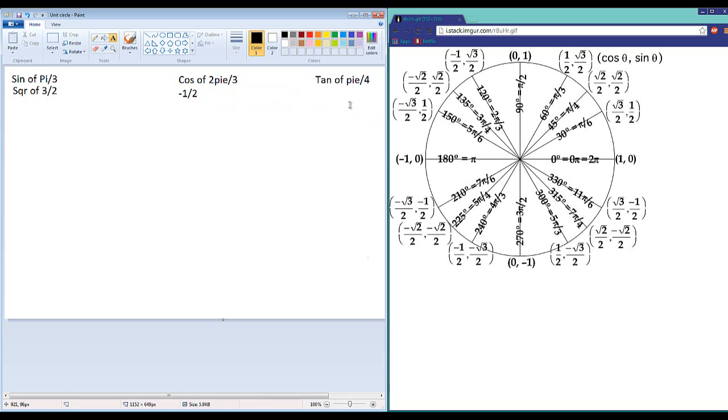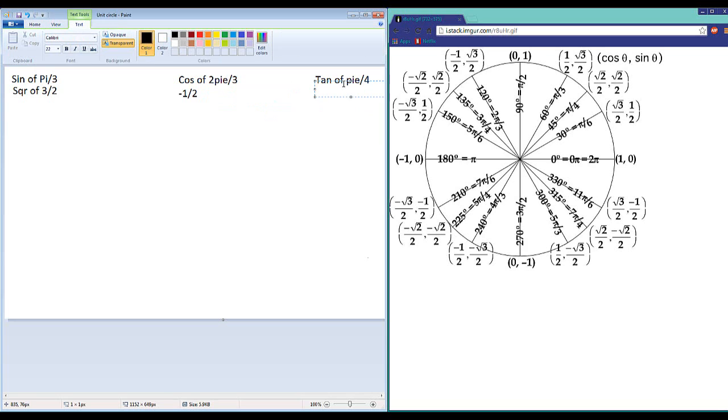Now tangent, if you will. This is where it gets difficult. First, you're going to want to find pi divided by 4, which is this one: square root 2 over 2, comma, square root 2 over 2.